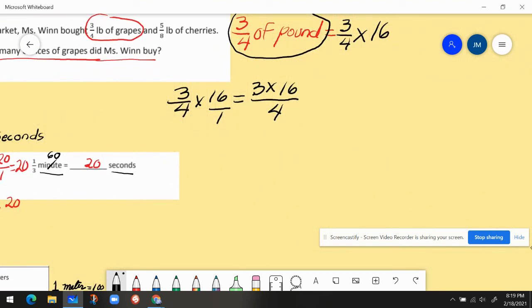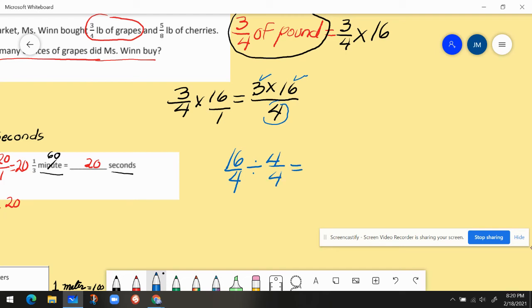In here, let me get a different color. The 4 can be divided by 4. So we're going to rewrite it here, okay? So 4. Now, the 3 cannot be divided by 4. So we have to choose the 16. So we're going to write the 16 on the numerator. And now they both can be divided by 4, okay?